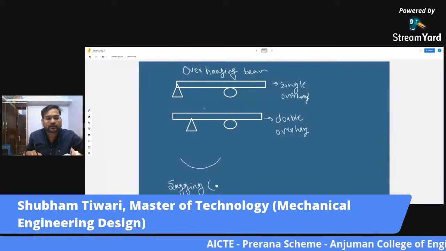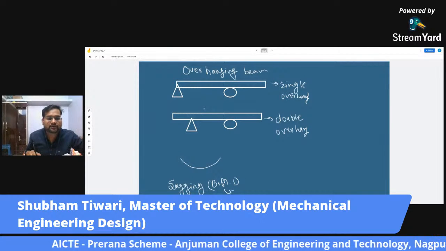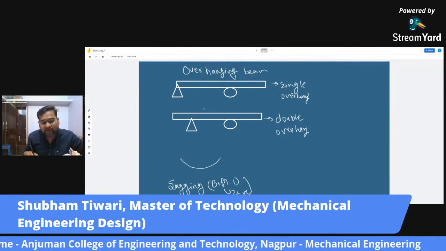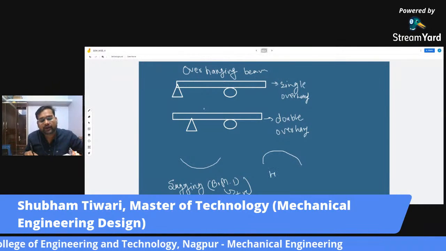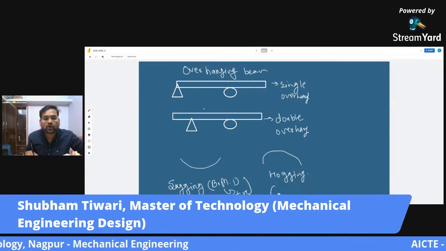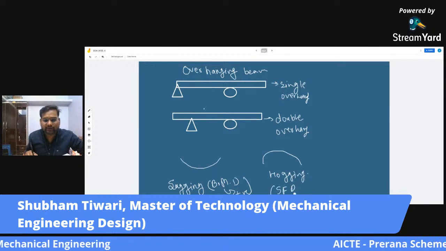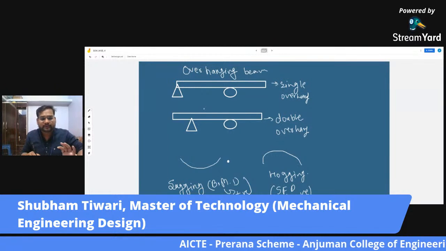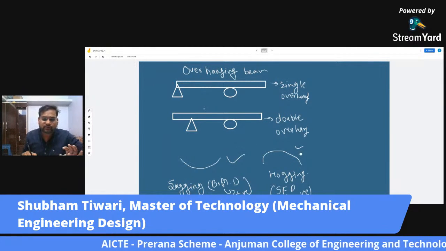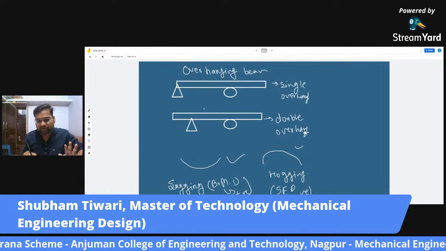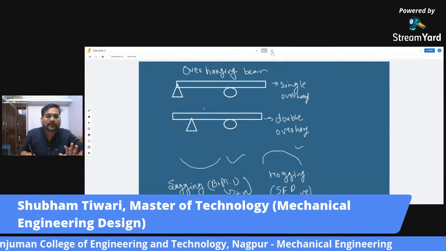And for sagging, the bending moment diagram is positive. And if a beam is bending like this, then it is called hogging. And for hogging, the bending moment diagram is negative. So this much is what I want you to remember for now. Further, if anything comes to my mind, I will tell you once again.